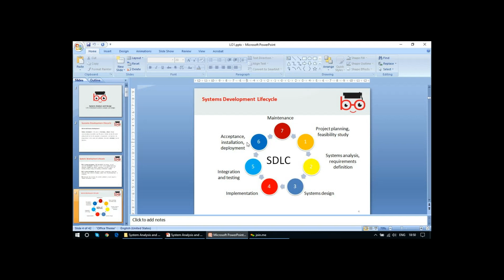Installation is, for example, you install the system from the very beginning, everything new. And deployment is where you try to integrate and deploy something into an existing system, into packages.